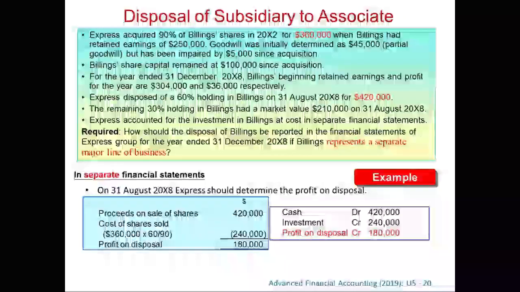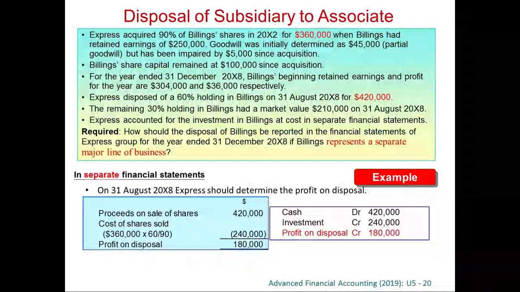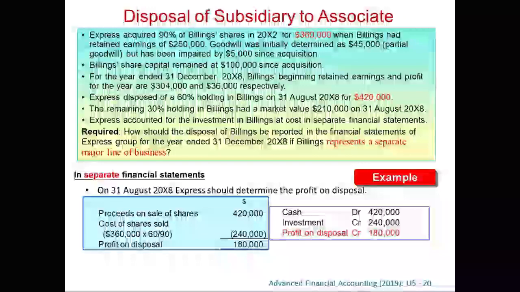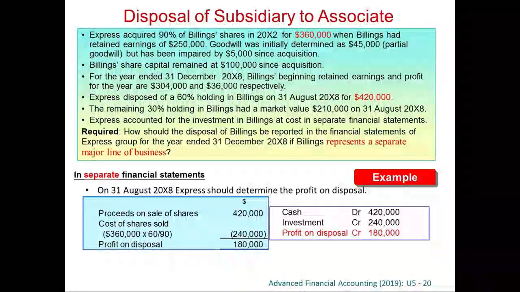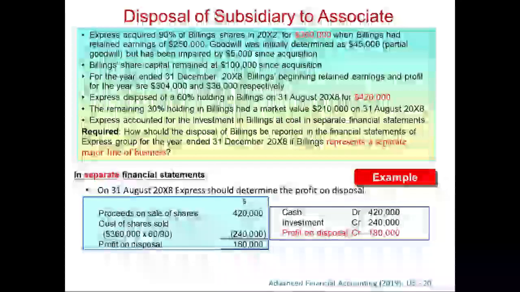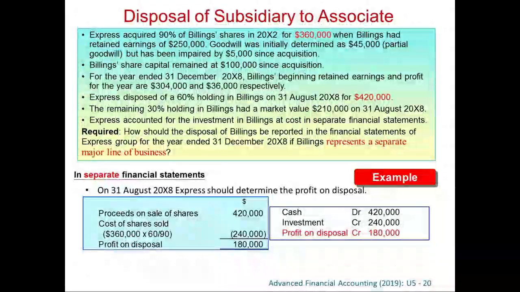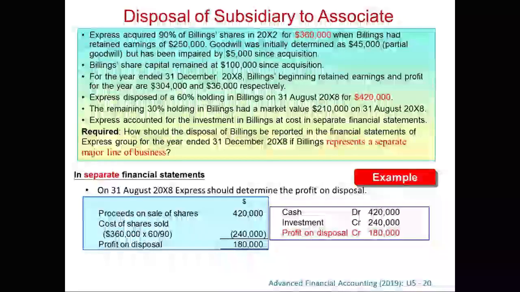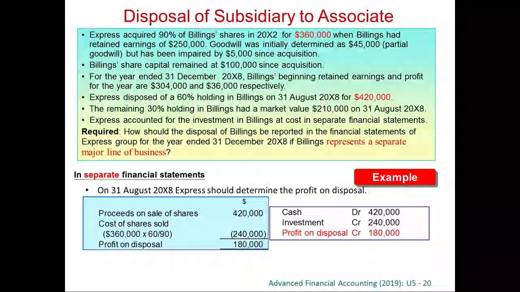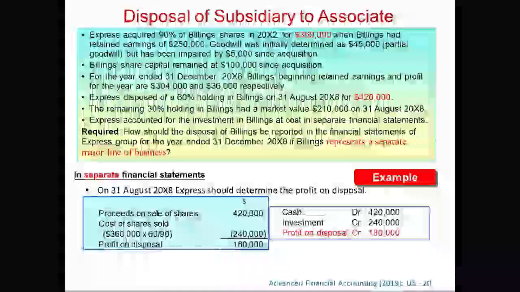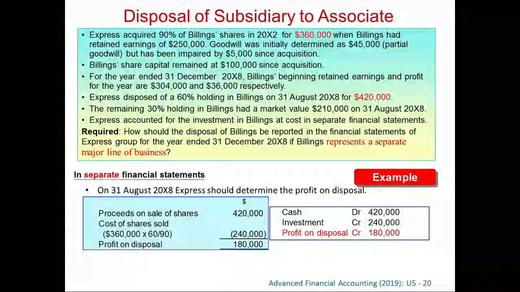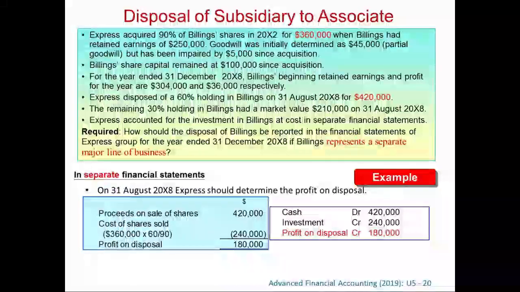We have to consolidate until the day of disposal as a 90% subsidiary. So we should consolidate until 31st of August, because the question says that we dispose this 60% on 31st of August. The question asks for the financial statements for the year end 31st of December.